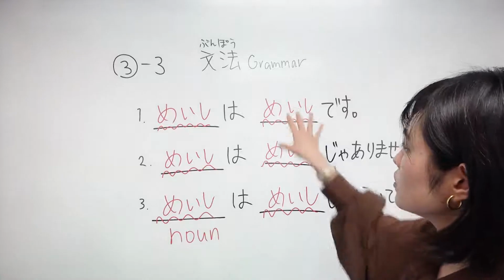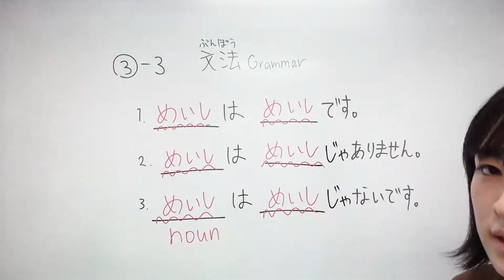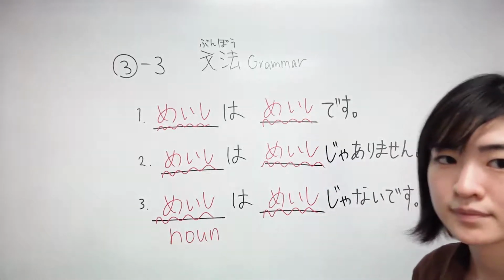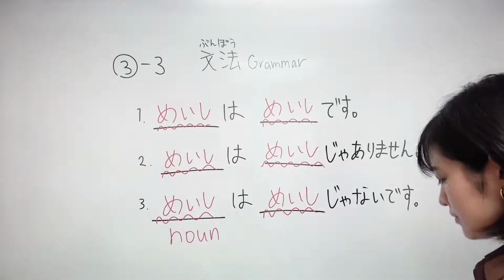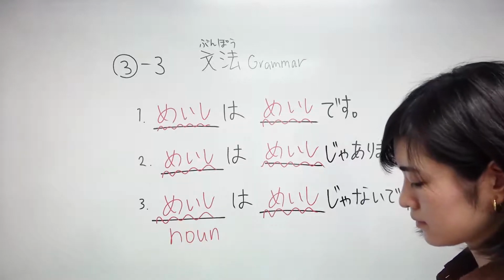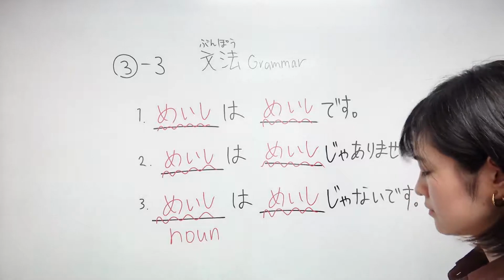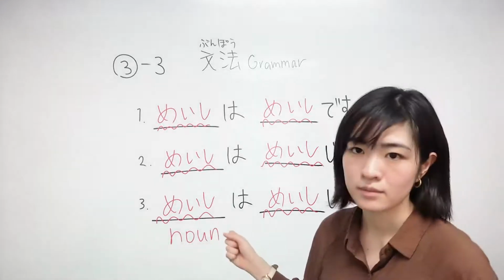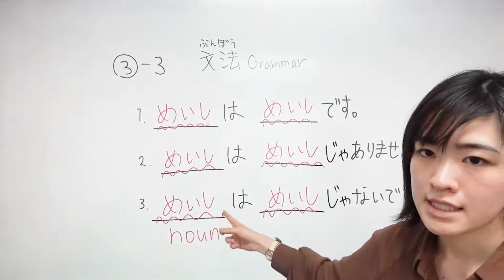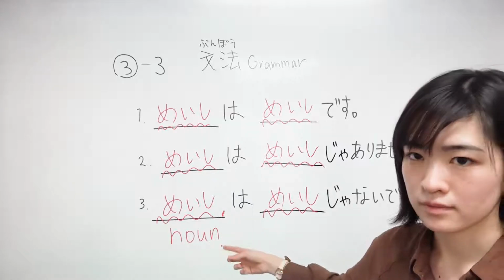Okay, so you can use nouns in these sentences. Alright? So, again, please remember, 名詞. This means noun.